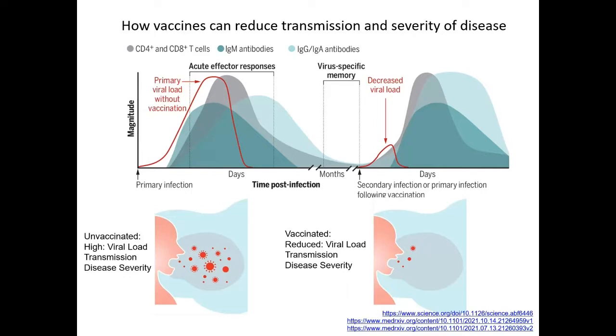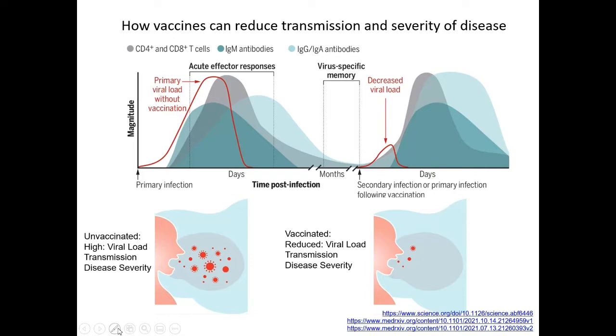And I'm talking of virus in general. What happens is either upon multiple repeats of infection or through vaccination, and we know the importance that vaccines do. What vaccines will do, and this is seen again in that slide, is the viral load is much reduced.